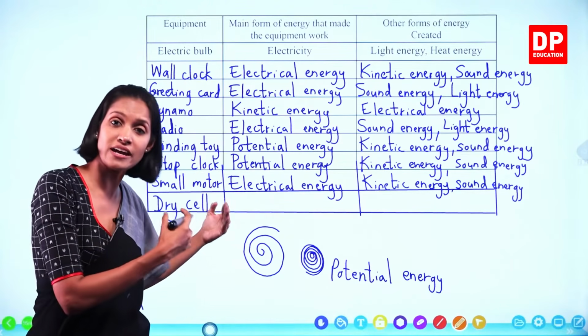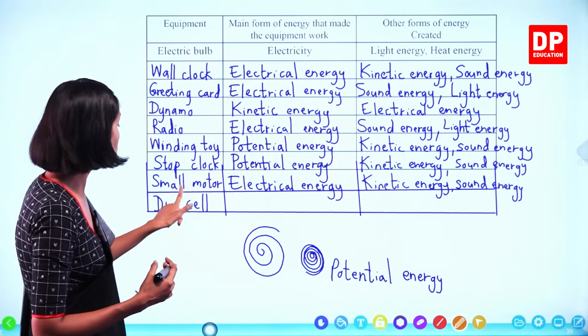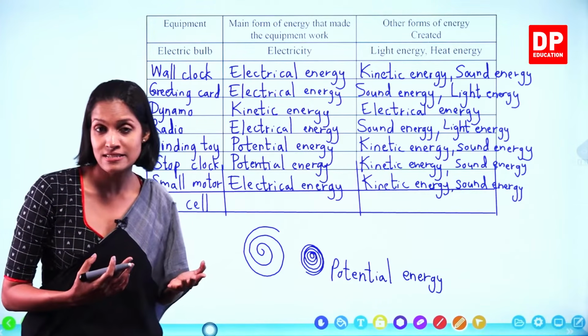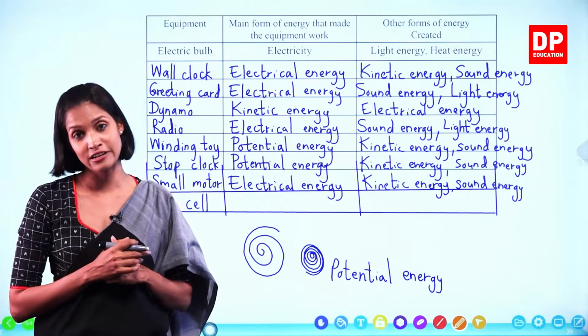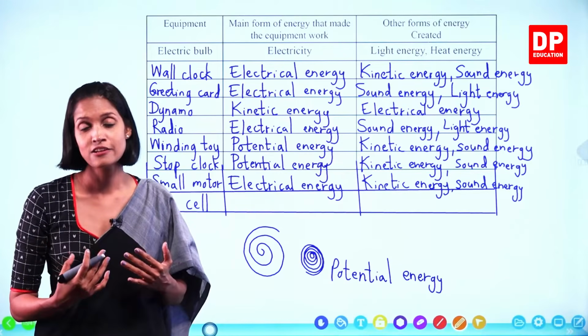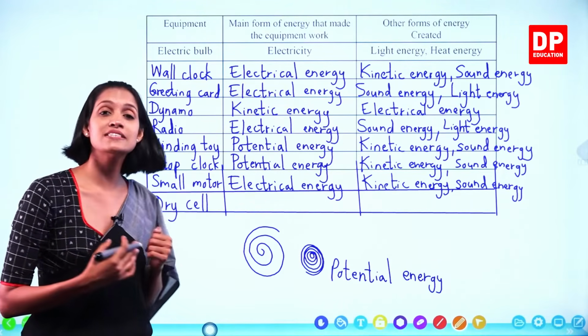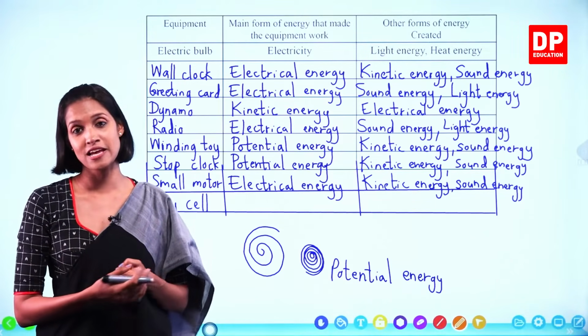So where did the dry cell get the energy to generate electricity? Now you all know that in the electricity lesson, we learned that there are different methods of generating electricity. One method is using electrical cells. So these types of dry cells contain chemical substances, therefore they are known as chemical cells as well.